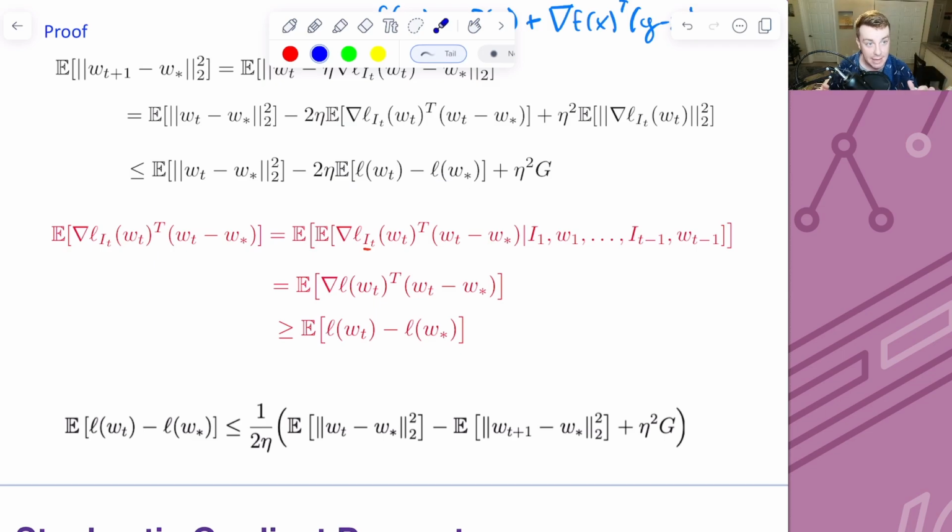So I'm saying the expected value of the difference between our loss at time t and the loss of the optimal is at most 1 over 2 eta times the distance between where we are at time t from the optimal, minus the distance between where we are at time t plus 1 and the optimal, plus eta squared times g squared. So this is giving me an upper bound on my loss, or my relative loss from the optimal.